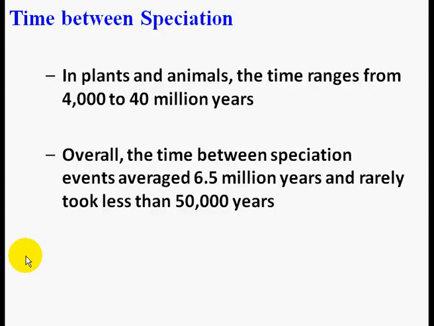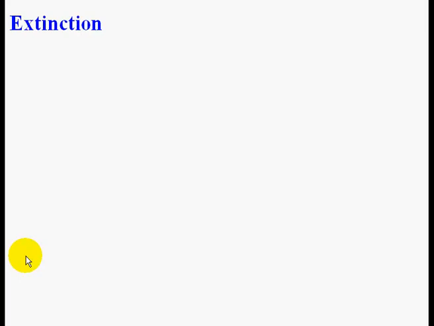But overall, the time that happens between speciation events is quite large. In plants and animals, a speciation event will occur with 4,000 to 40 million years between one and the next. And overall, the time between each speciation event averaged 6.5 million years and rarely took less than 50,000.